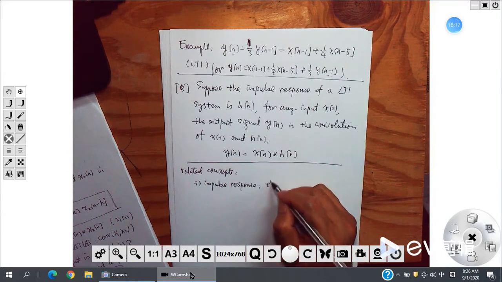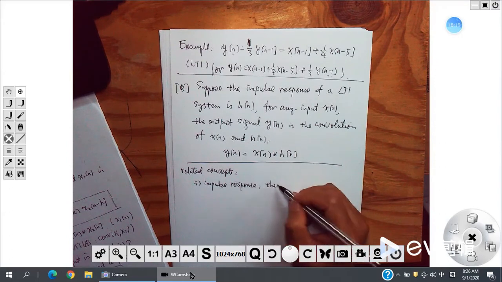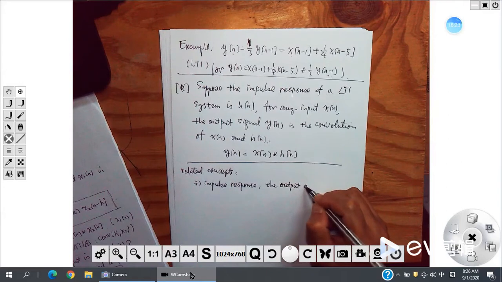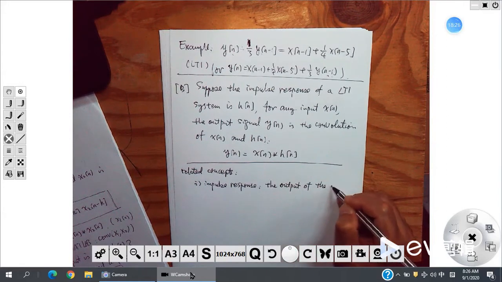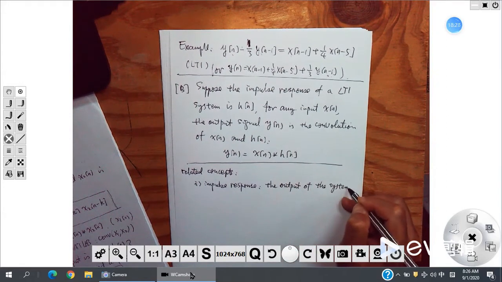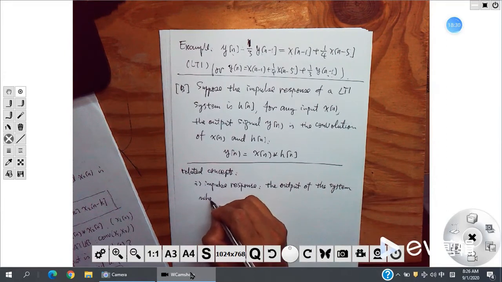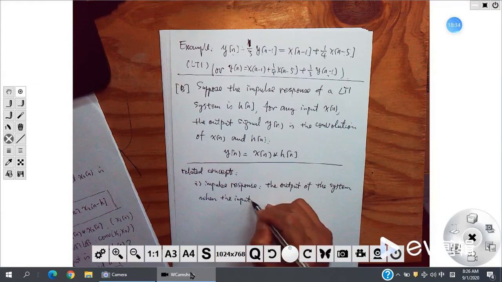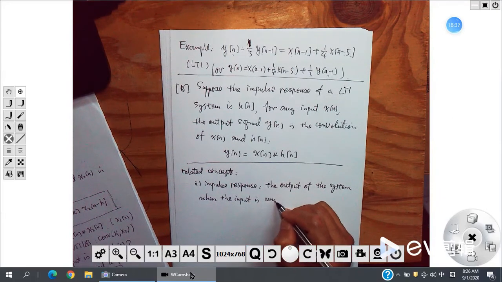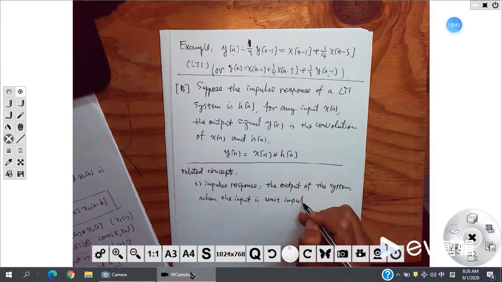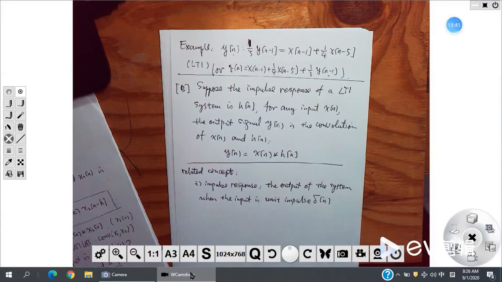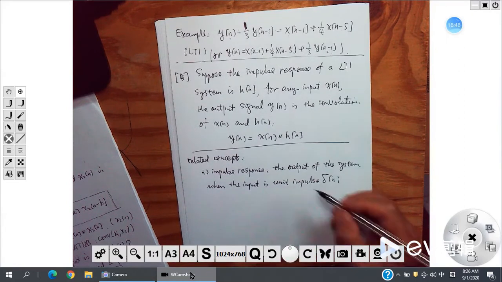The output, this is a signal, right? Impulse response is actually an output signal. It is the output of the system when the input is the unit impulse, delta of n, and usually we denote it as h of n.